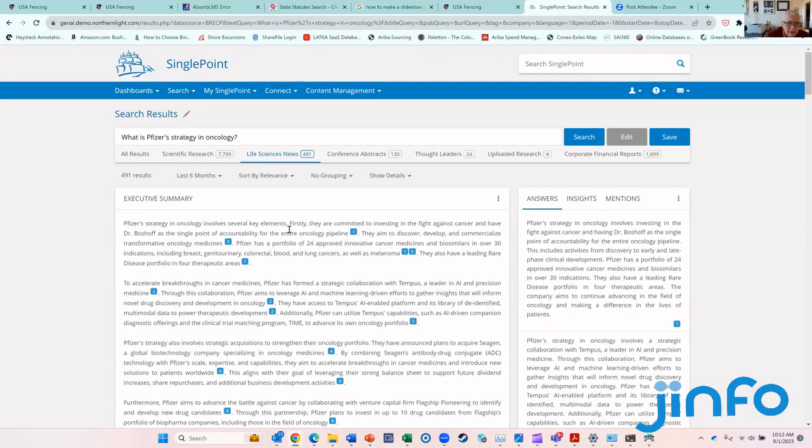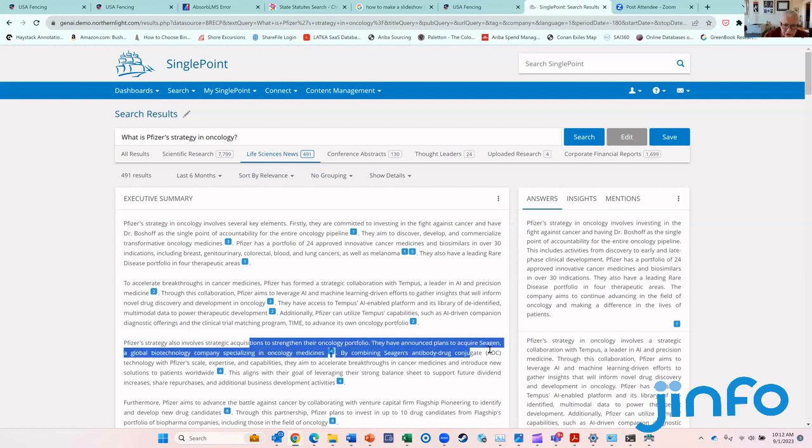Now we can take a look at the executive summary and see what we think. Several key elements. They're committed to blah blah blah. Hard fact. They have a portfolio of 24 approved innovative cancer medicines and biosimilars for over 30 indications, and it goes through a list here of their indications. They're working on rare diseases in 4 therapeutic areas. They formed a strategic collaboration with Tempus, a leader in AI and precision medicine, and they're going to do all these great things.